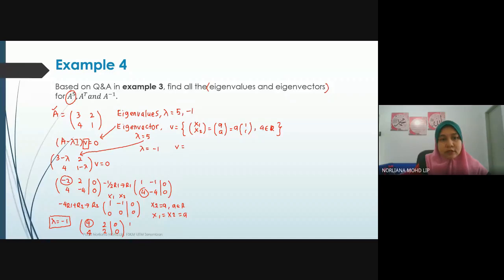Make this a leading 1: 1, 1 over 2, then 0.